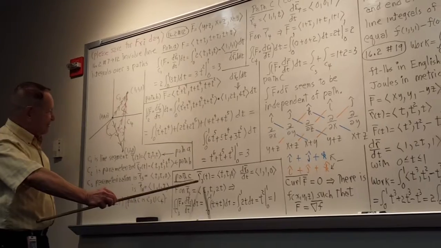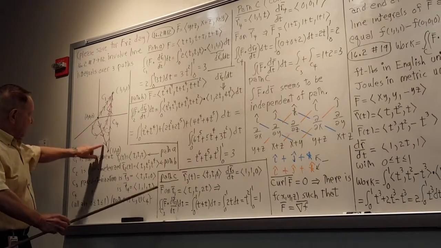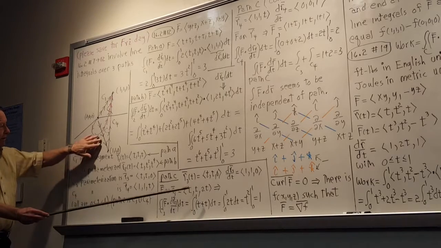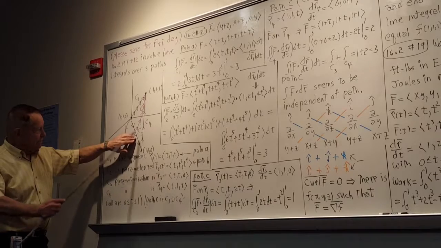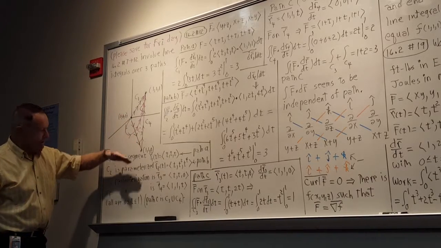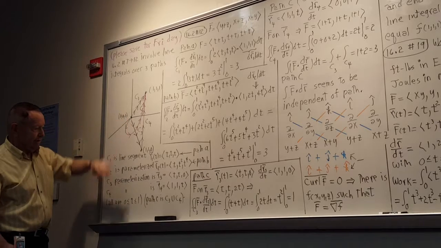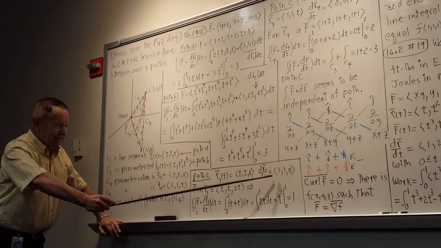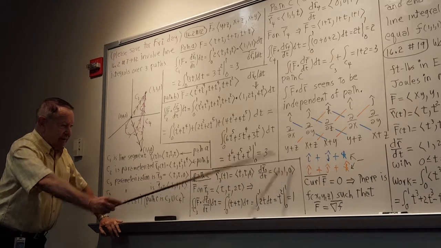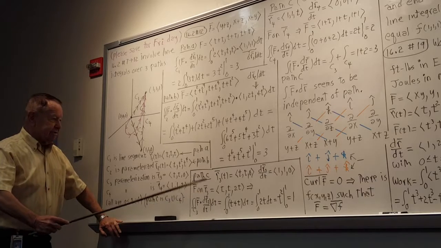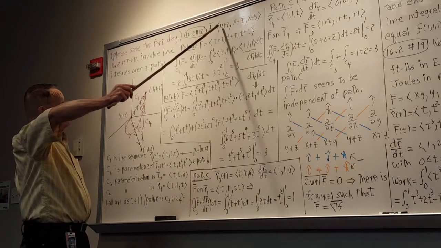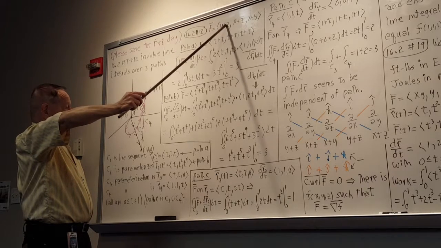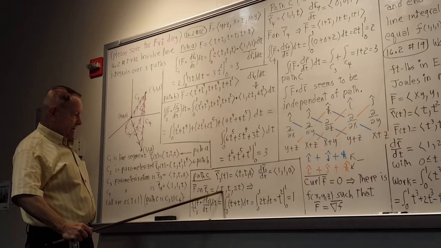Well, let's go ahead and try path 3 first, path C. So we have then the r3, which is the line down here on the floor at a 45-degree angle, which is t, t, and 0, and then we have dr3/dt, which is 1, 1, and 0. And so then going back here, you have t plus 0, which is just t.